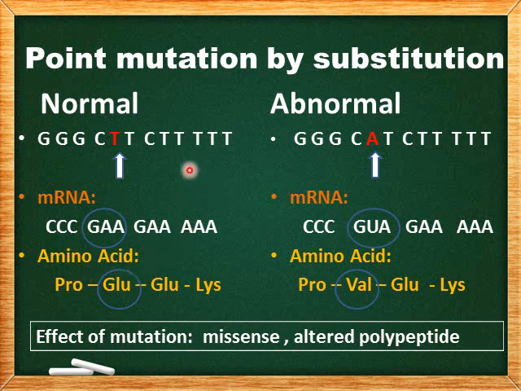Okay, so in the sickle cell anemia, this is the sequence of the normal DNA molecule, and this is the sequence of the abnormal one. Again, with comparison, you will see both have exactly the same sequence, except that of the fifth nucleotide, where T here is replaced by A.